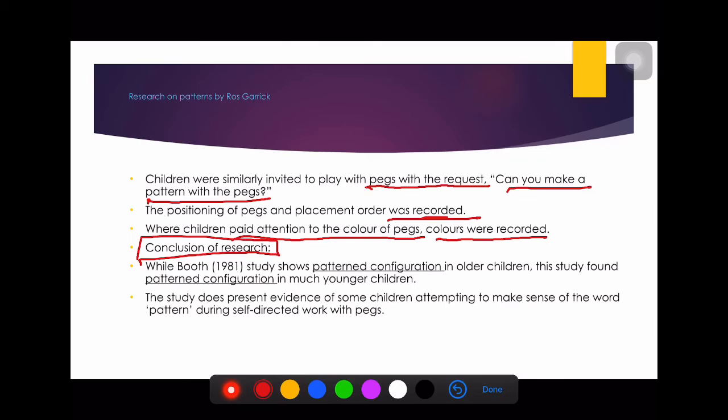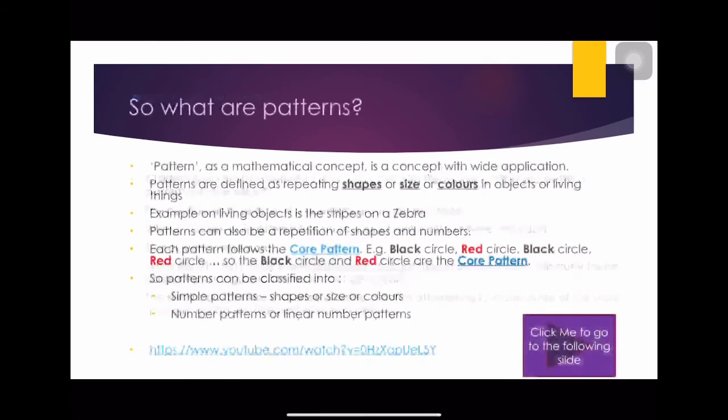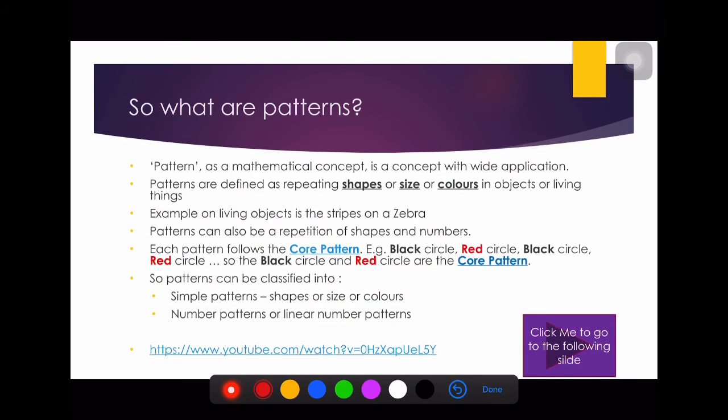Now, the study does present evidence of some children attempting to make sense of the word pattern during self-directed work with packs. So they keep on saying, I'm going to make this pattern, I'm going to make this pattern. It's as though they are reassuring themselves.